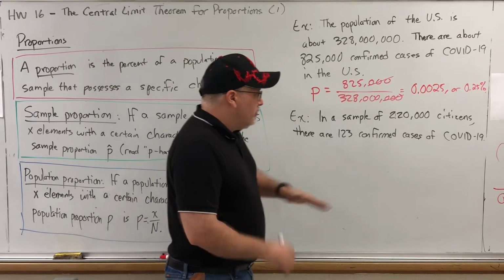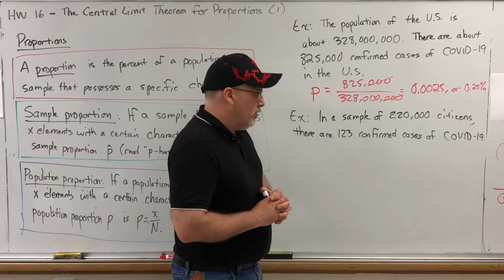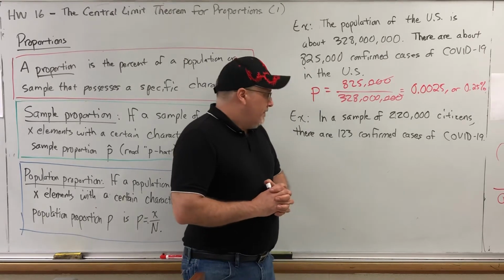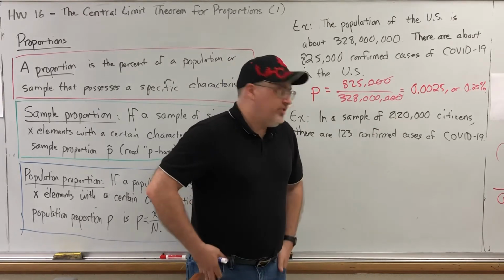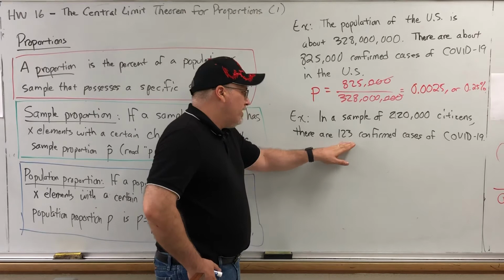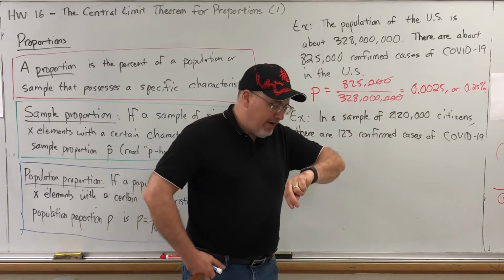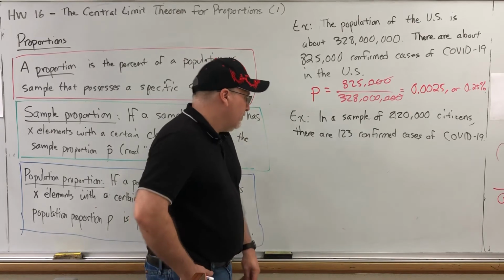In a sample of 220,000 citizens, there are 123 confirmed cases of COVID-19. This is actually Smith County, Texas. It's not exactly 220,000 citizens, I just rounded it for convenience, but the 123 was current as of about 4:30 p.m. on April 22nd, 2020.